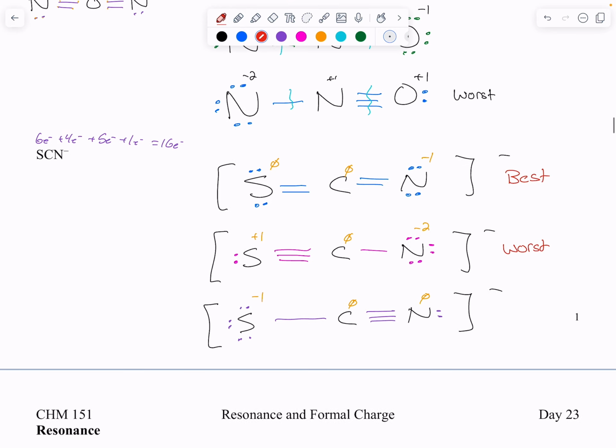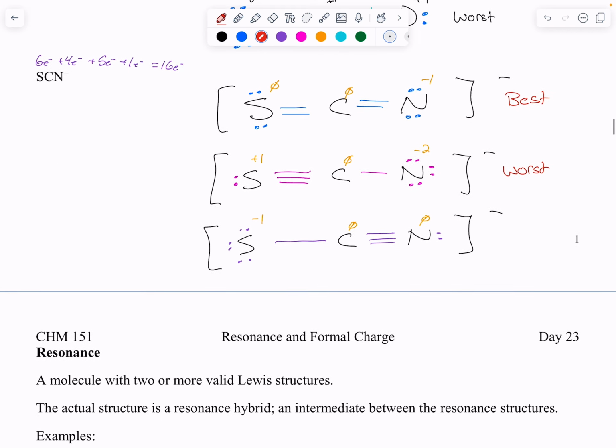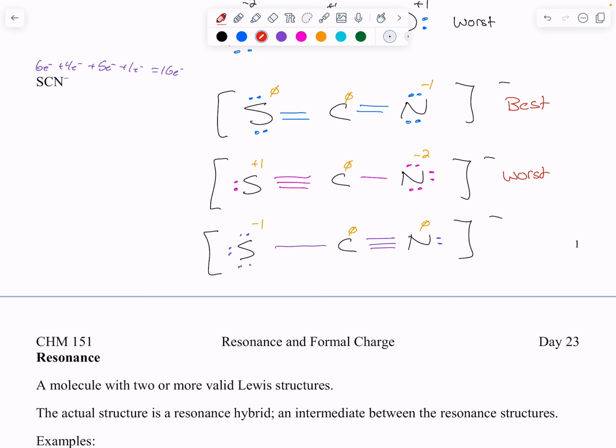All right. This leads us to resonance. All right, let's define resonance. A molecule with 2 or more valid Lewis structures. Well, the one on the screen has 2 or more valid Lewis structures. In fact, it has 3 valid Lewis structures. And so in Chem 151, or usually in all Chem 1, we don't mention that what we just did right here, all of those are technically resonance structures, but they're not equivalent because the formal charge changes.